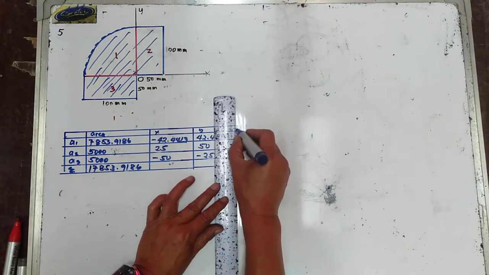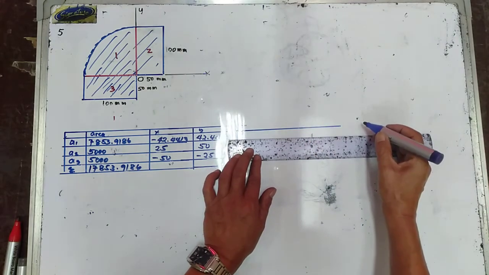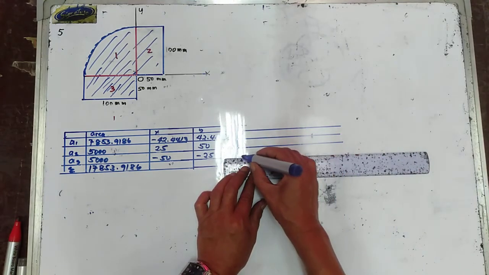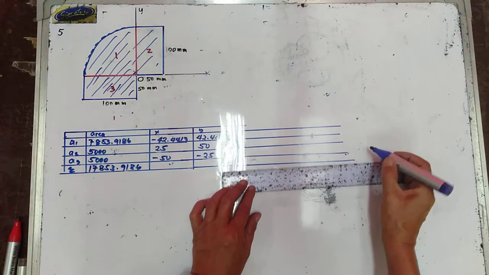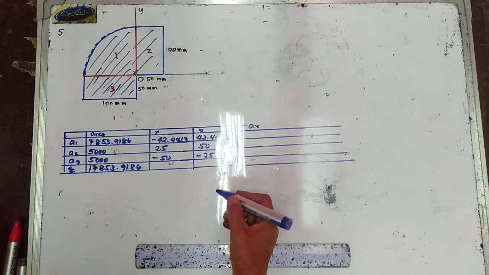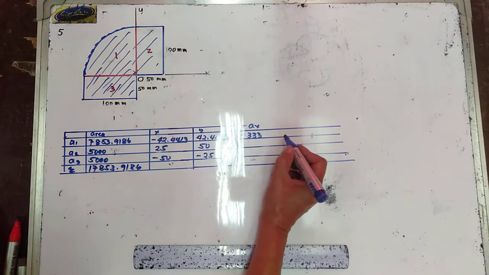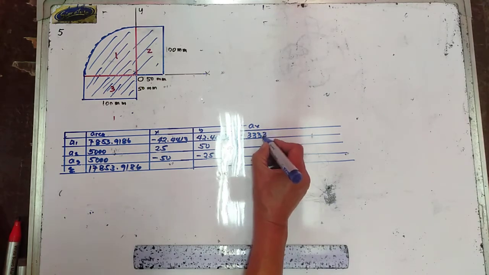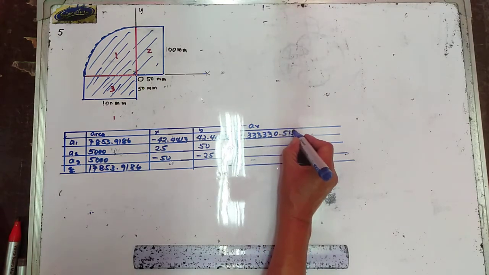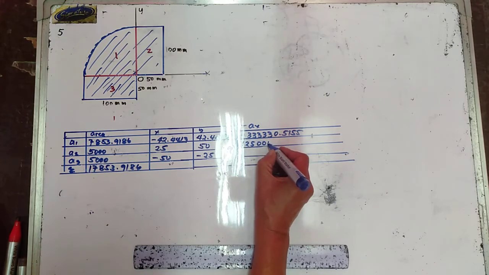So let's try to determine now your ax. So we now have your a times x. 7,853.9186 by negative 42.4413 is negative 333,330.5155. 5,000 by 25, we have 125,000.